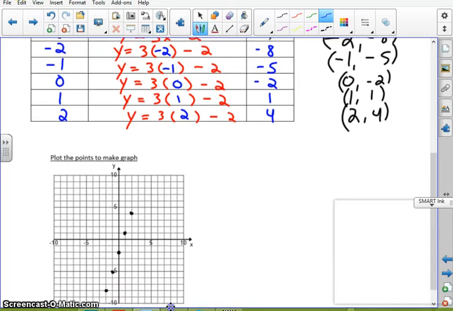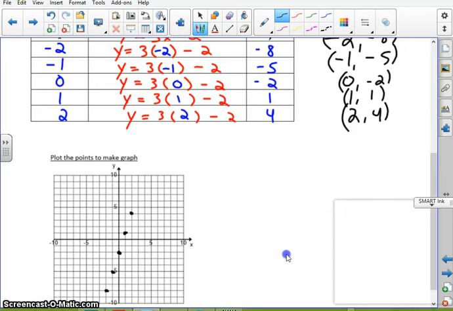So I plotted the point -2, -8 here. This is the point -1, -5. Here I have 0, -2. Here I have 1, 1.